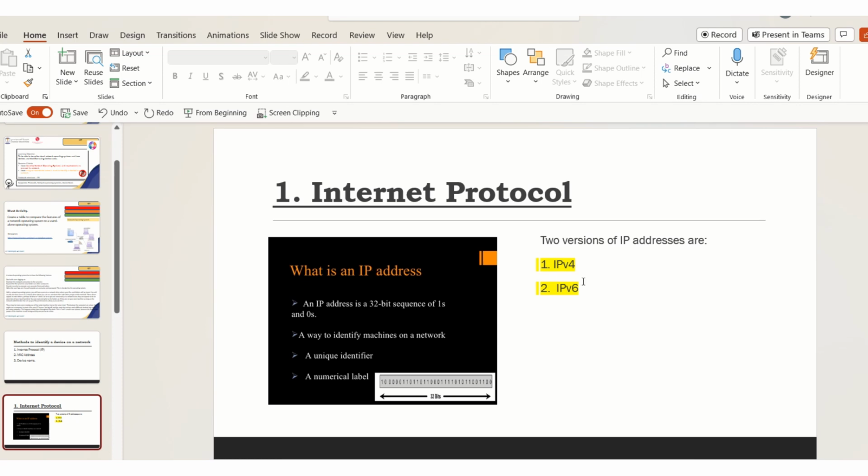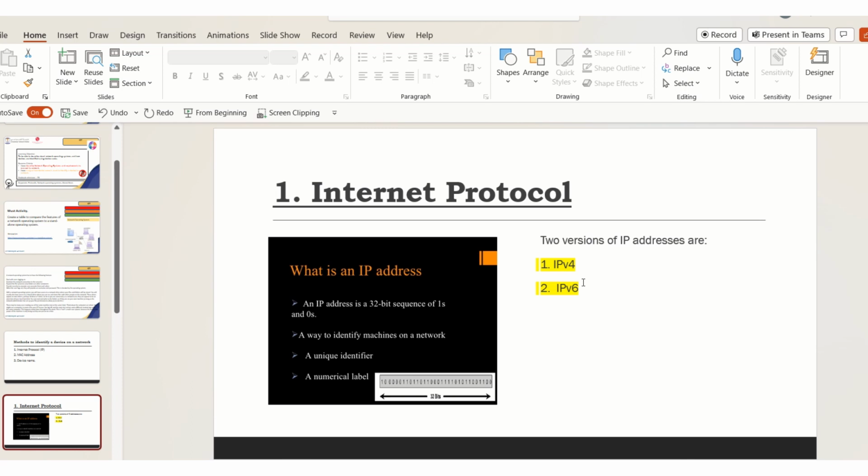Internet Protocol, that is the IP address. It is a unique address. Unique means what? Only one device will have that particular address. Now, looking at the IP address, we are identifying the device, and then we are sending or receiving data to and fro.